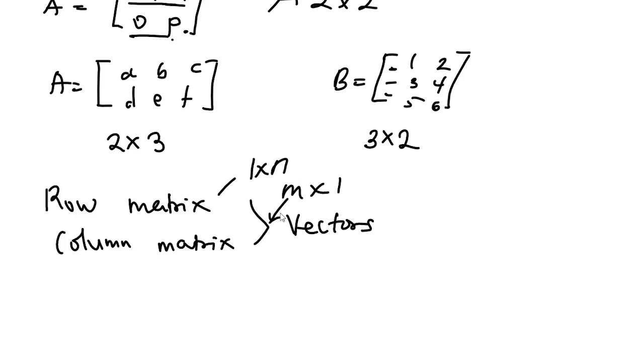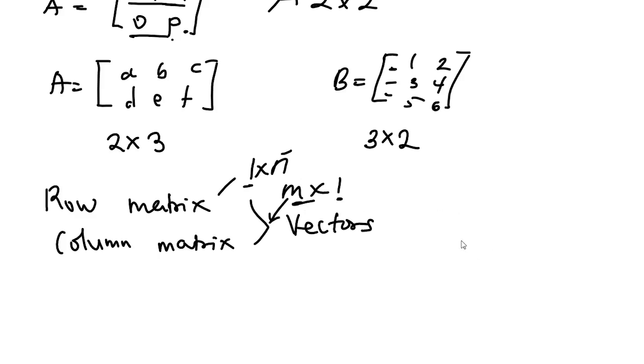It means that if it is a row, the row is only 1 by n columns. The row is only 1, and the columns can vary; it can be any number. That's why we have n here. If it is a column, the rows can vary, but the column is only 1.